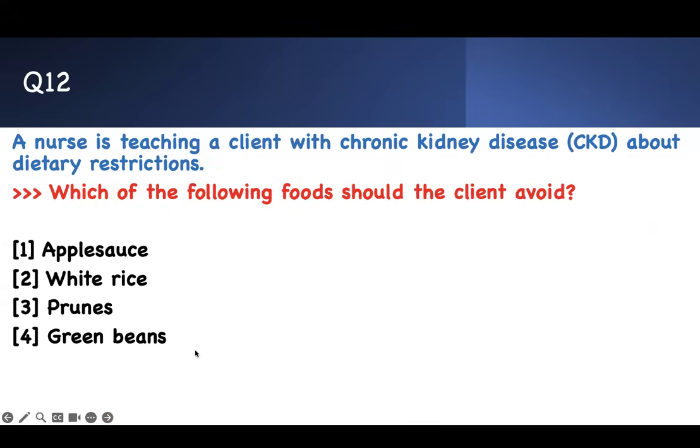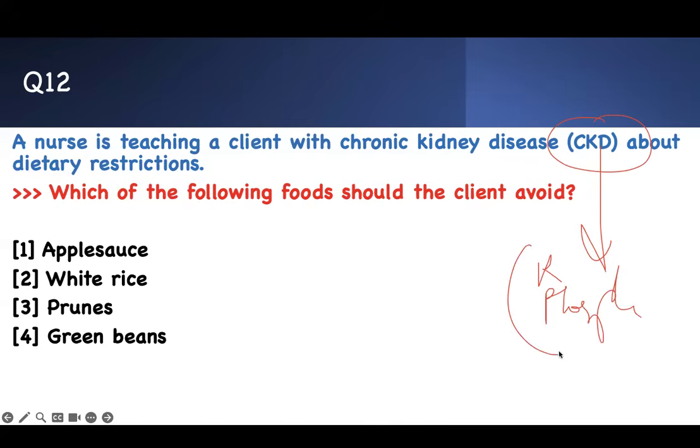And the last question, this one is hard if you don't know. The nurse is teaching a client with chronic kidney disease about dietary restriction. Which of the following foods should the client avoid? Every time they give you a condition and talk about diet, go for the problem. Problem is kidney. What is the major problem with kidney? They cannot get rid of their potassium. They cannot get rid of their phosphorus.